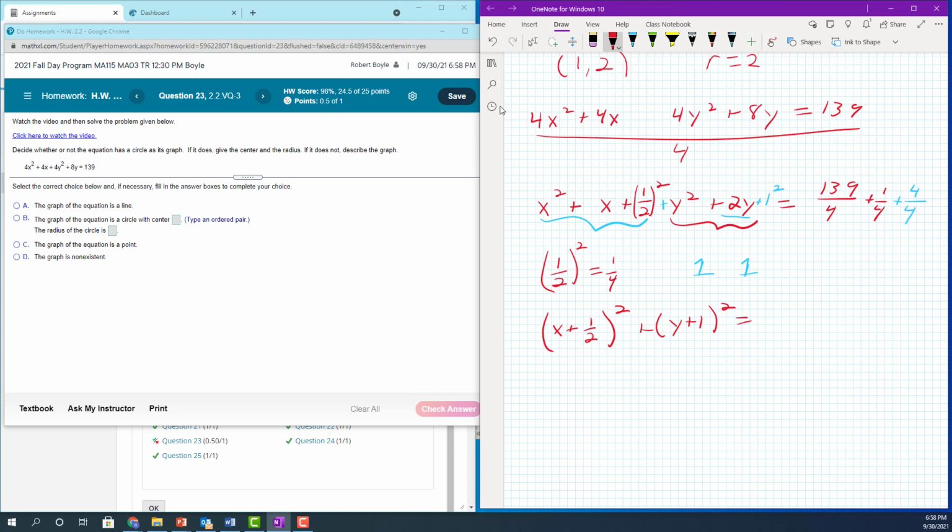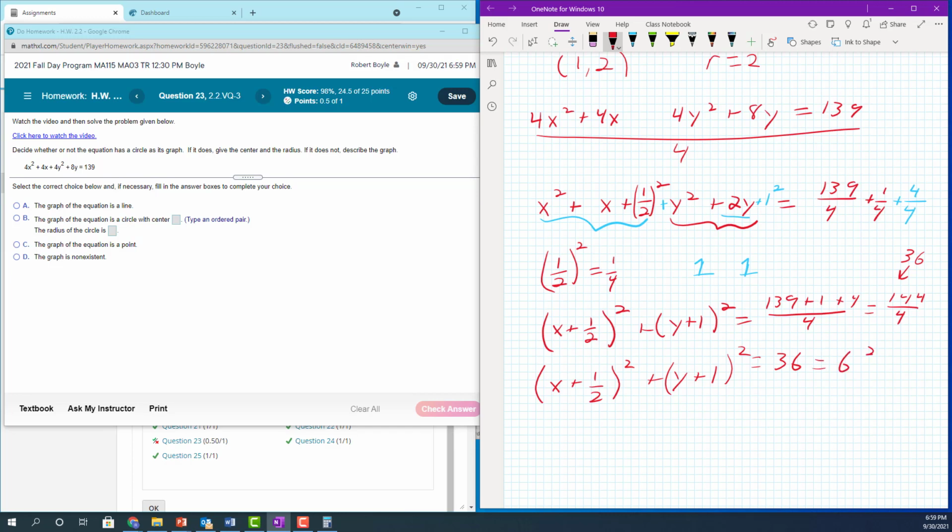And then over here we have 139 plus 1 plus 4/4, which is going to be equal to 144/4. So this right here is 36. Putting all that together, we have x plus 1/2 squared plus y plus 1 quantity squared is equal to 36, which by the way is 6 squared.